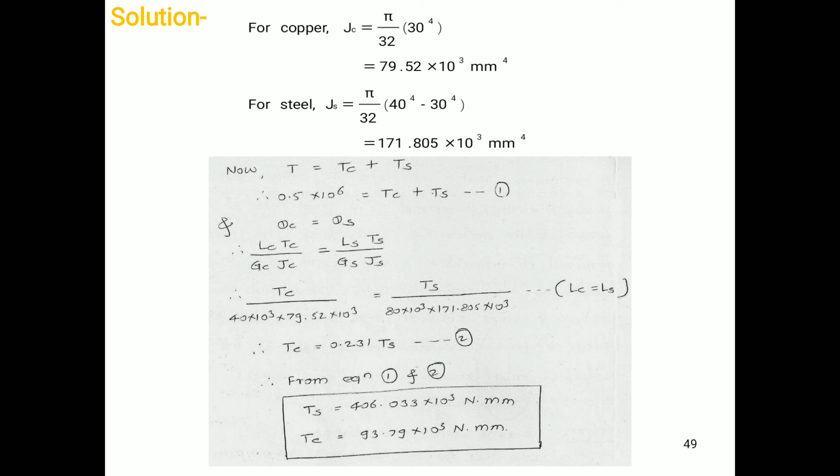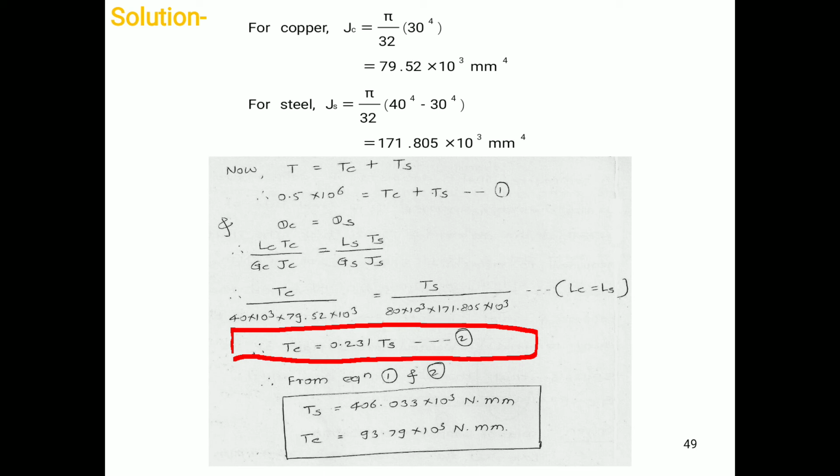The remaining equation is Tc upon Gc Jc equal to Ts upon Gs Js. On putting in all the values given in the numerical and those we calculated for the polar moment of inertia, we get Tc equal to 0.231 Ts, that is, torque in copper is equal to 0.231 of torque in steel. This is equation number 2.